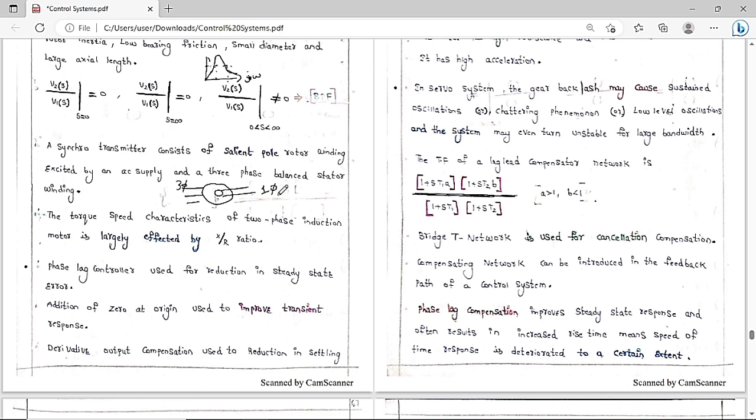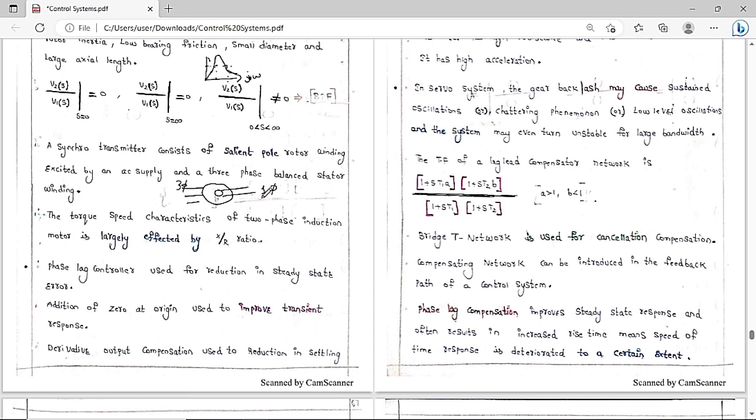It is basically like a synchronous generator or synchronous motor. A synchro transmitter consists of a salient pole rotor winding excited by a single-phase supply and a three-phase balanced stator winding. So we can say for a synchro transmitter, the stator has a three-phase winding and the rotor has a single-phase winding. It is basically like a synchronous motor or synchronous generator.